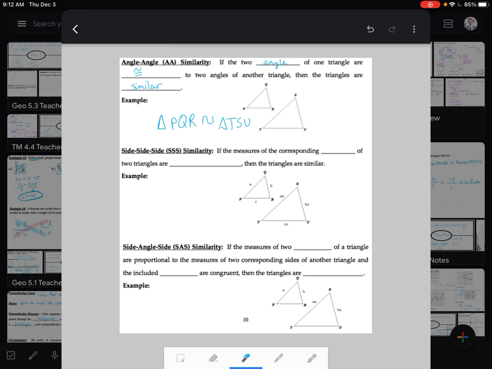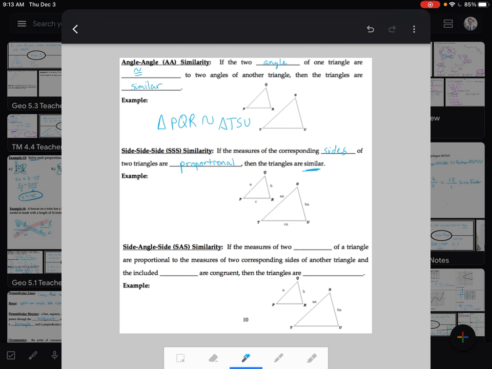If the measures of corresponding sides of 2 triangles are proportional, then the triangles are similar. Previously, with the side, we said if they were congruent, then they were the same. But we're not trying to prove congruency here, we're just trying to prove that they're similar.